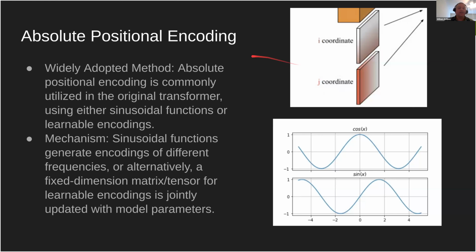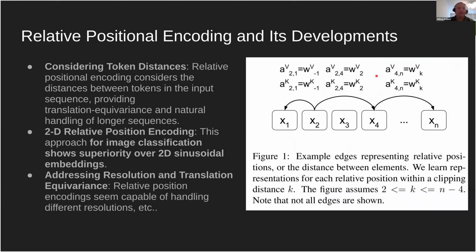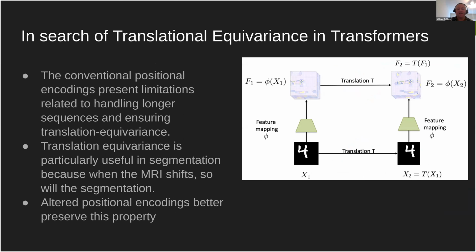So basically, here's an example of the activation maps on MNIST that would have a property of translation invariance or translation equivariance, which are similar concepts.